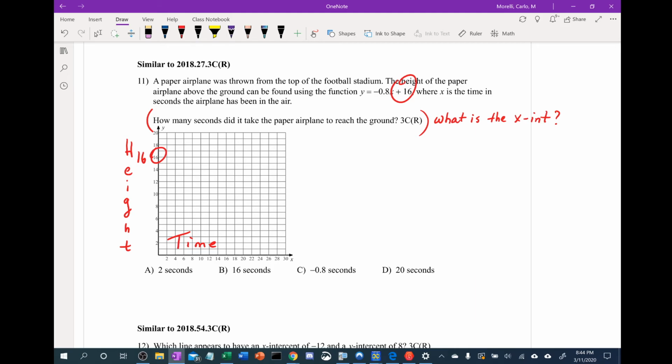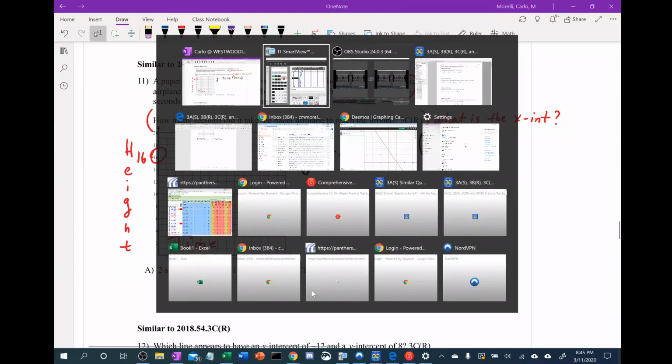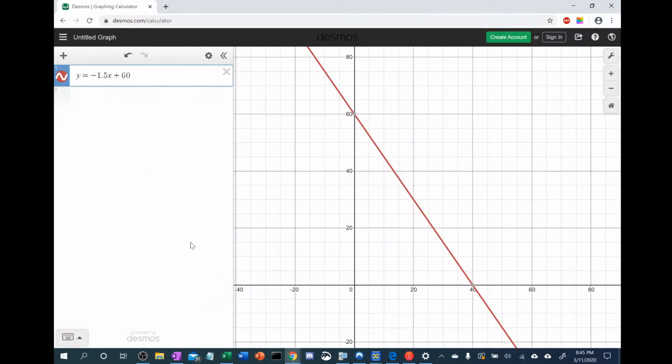Well, here's my recommendation. Take this equation, y equals negative 0.8x plus 16, and graph it in Desmos, okay? Because Desmos is going to be available to you, and this is the easiest way to get this answer. So let me pull up a browser here. Running Desmos.